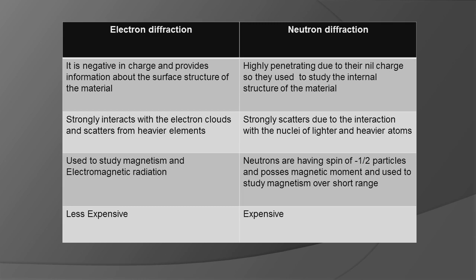Since it has that property, we can easily identify the magnetic properties of the sample, but over a short range. Electron diffraction is less expensive and can be used at a lower cost, whereas for neutron diffraction, the source has to be a nuclear reactor, and certain precautions are needed, so it is somewhat expensive.